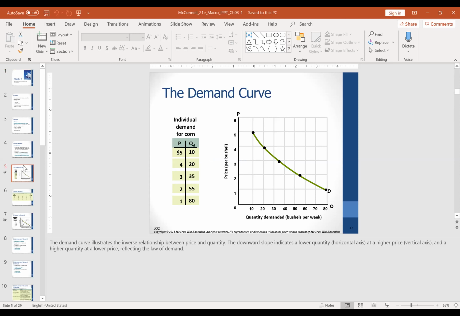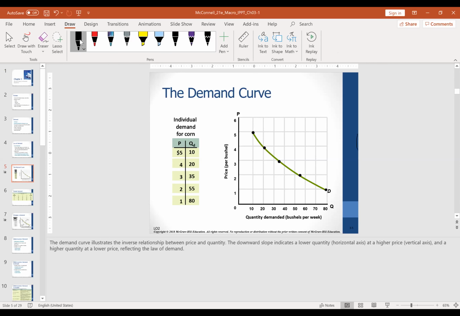All right, so this one is my demand curve here. The first thing we should know here is we have a movement along the demand curve, and the movement is caused by a change in price. As you can see here, the price keeps going down. If the price keeps going down, the quantity demanded keeps going up.